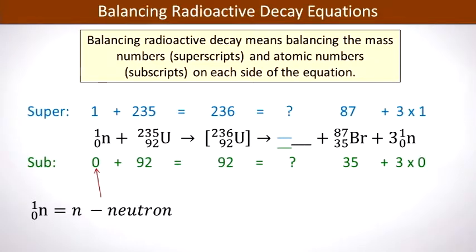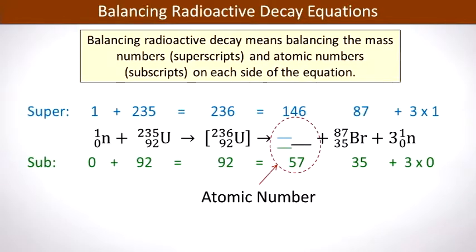On the left side, we discover a ratio of 1 over 0, which means that we have a neutron that's impacted the uranium-235. On the right side, we note a ratio of 146 over 57. The 57 is the atomic number of the missing atom or missing element.